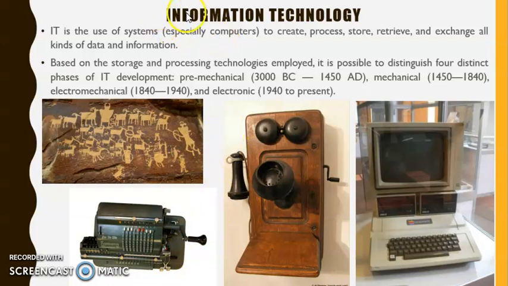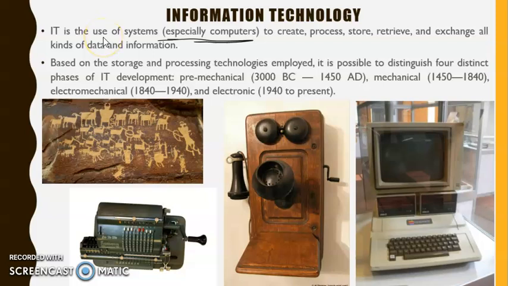Information technology, or IT, is the use of systems, any systems. Okay, let alone this part that you see here, especially computers. I'm going to talk about this later. Okay, IT is the use of any systems to create, process, store, retrieve, and exchange all kind of data and information.